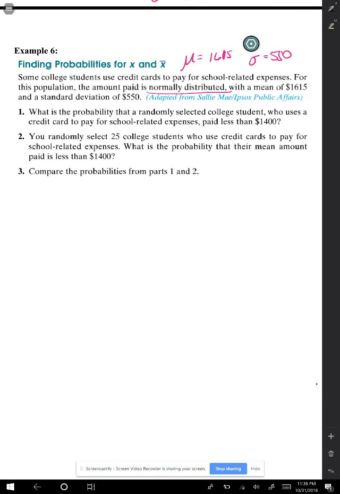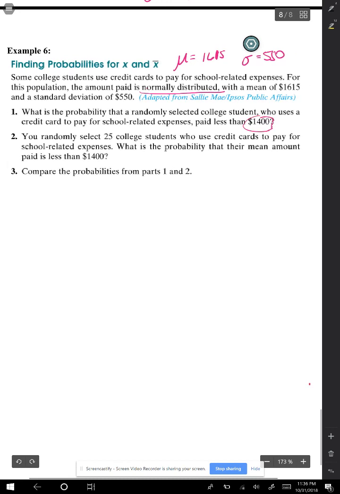Question 1 says, what is the probability that a randomly selected college student who uses a credit card to pay for school-related expenses paid less than $1,400? We're going to create the z-score, and then use the table to find the probability of that z-score. The number we're looking at is 1400, the mean is 1615, and the standard deviation is 550.